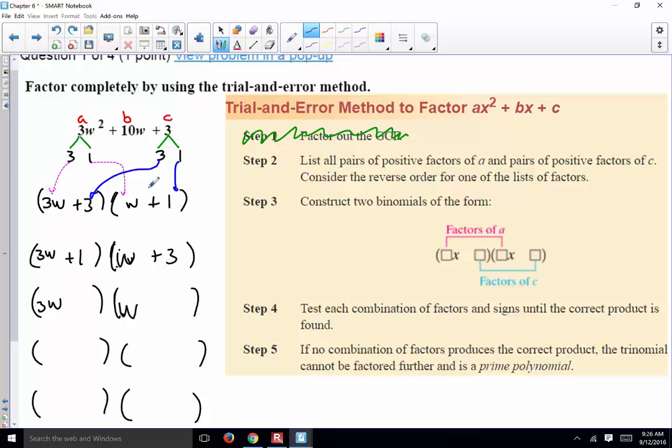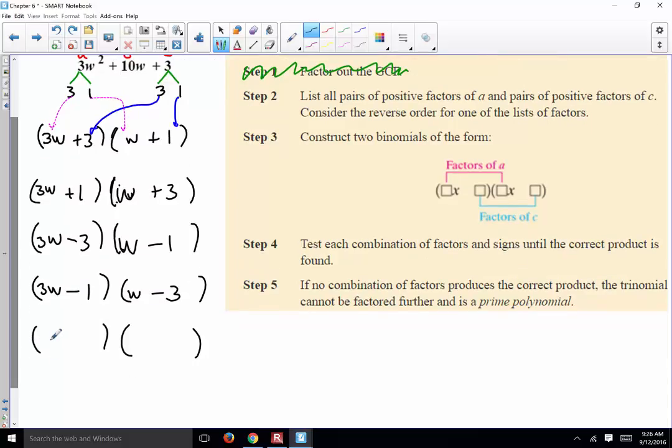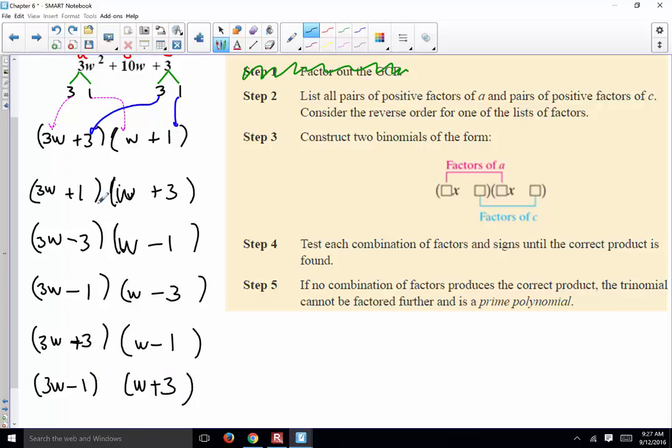Positive 3, positive 1, positive 1, positive 3. I flipped it. Negative 3, negative 1, and negative 1, negative 3. I flipped the order. I can have positive 3, negative 1, and negative 1, positive 3.